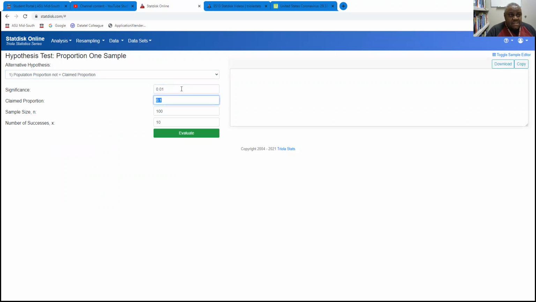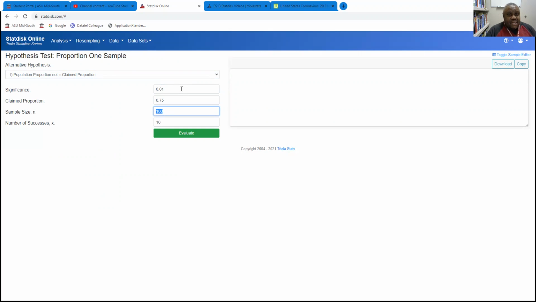And then go down to the claimed proportion. That claim was 75% of adults say that it is morally wrong to not report all income on tax returns. 75%, that's your claim. As a decimal, it'd be 0.75.